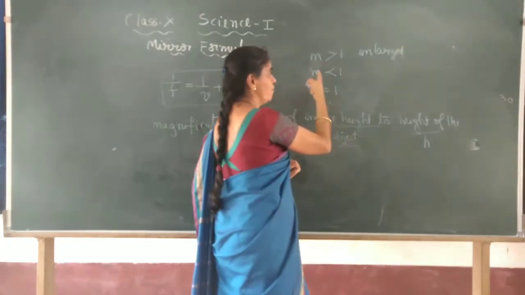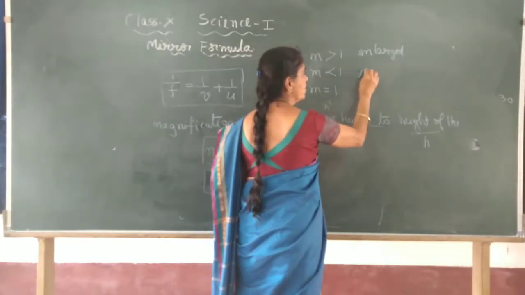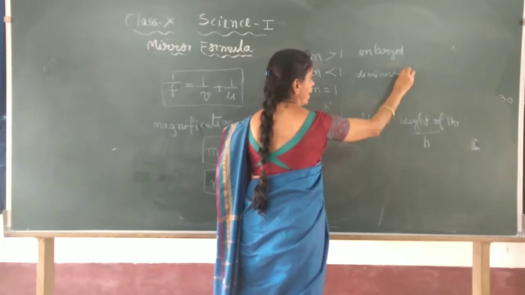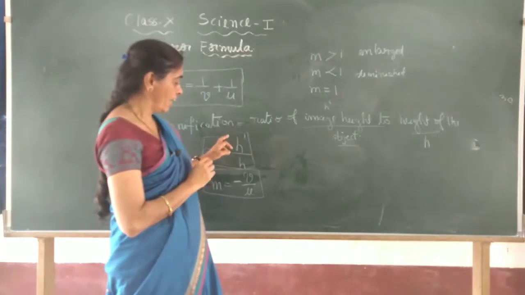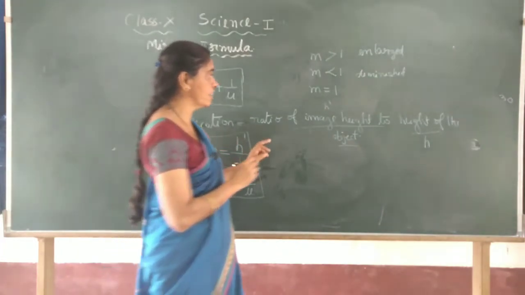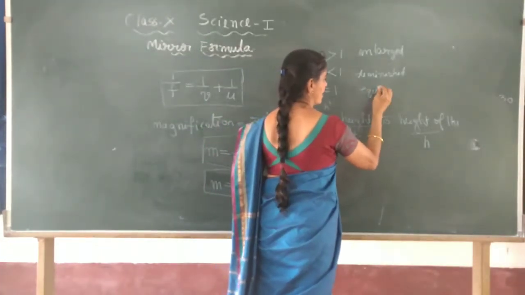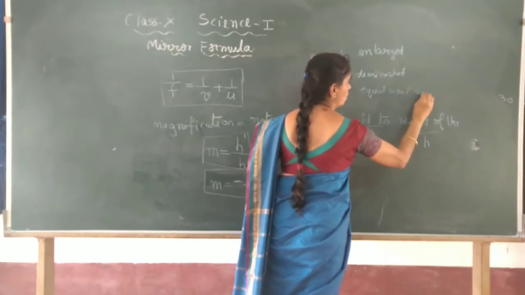When the magnification value is less than 1, it is a diminished image. And when it is equal to 1, the height of the object and the height of the image are one and the same, so its value becomes 1. It indicates that the image is equal in size to the object.